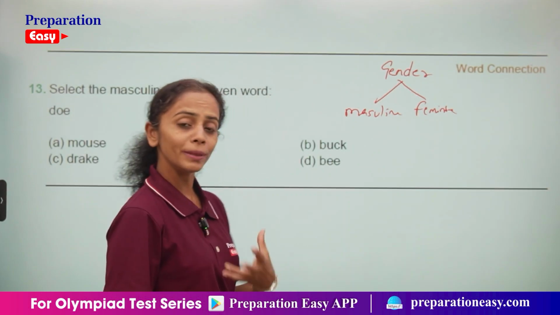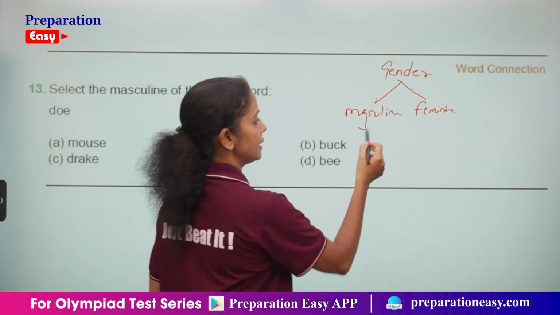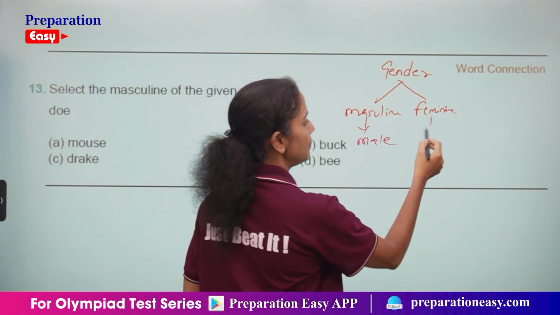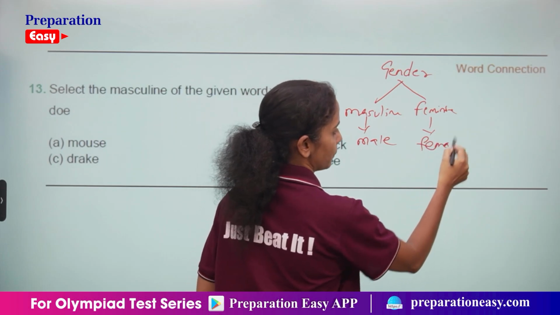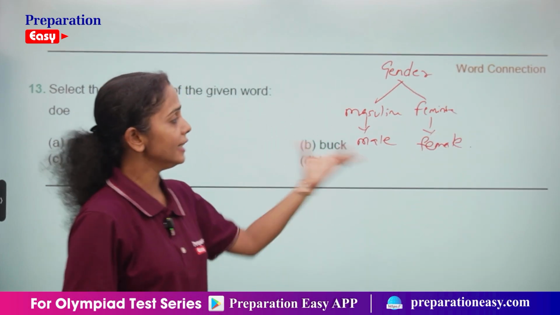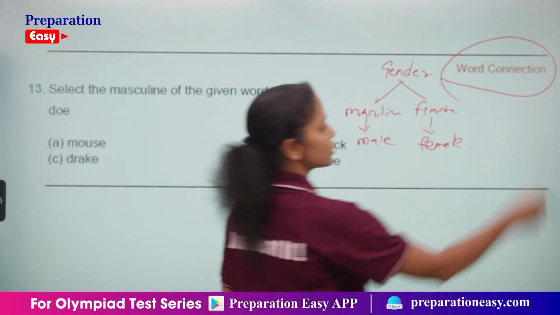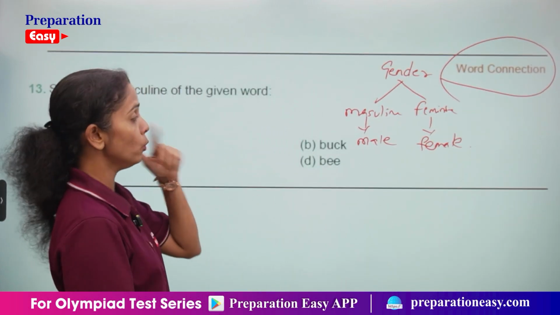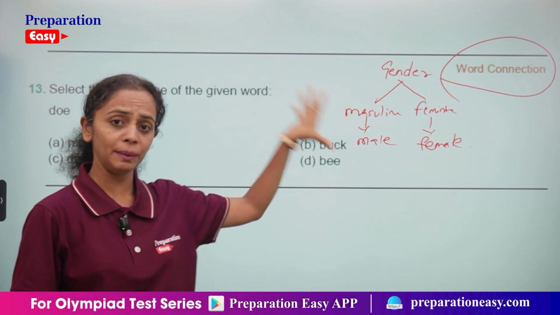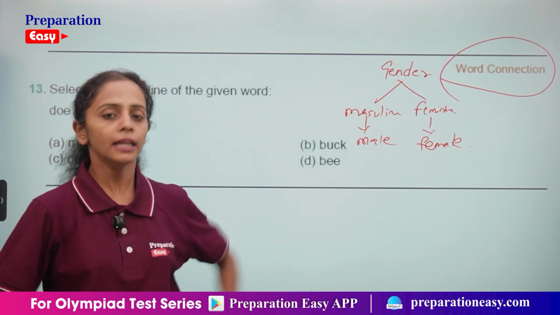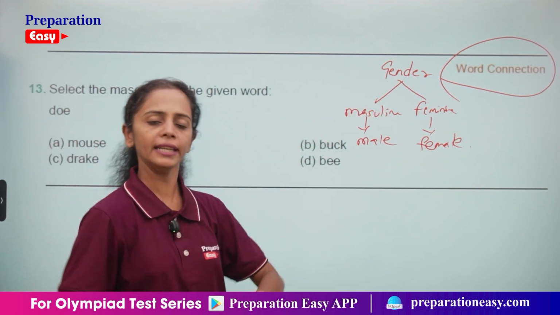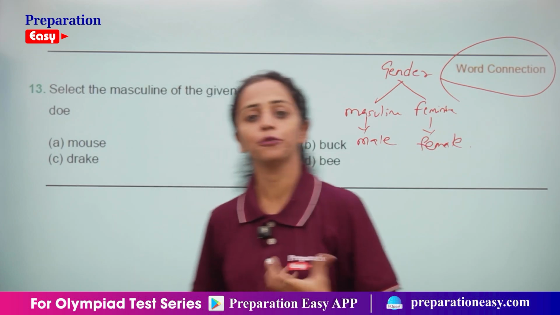Masculine means the male gender and feminine means the female gender. These kinds of words we are also going to see in the word connection categories. The male gender is known as masculine and the female gender is known as feminine.